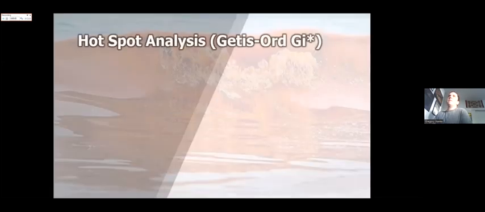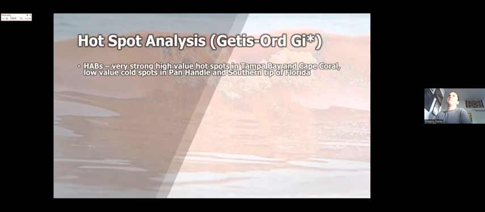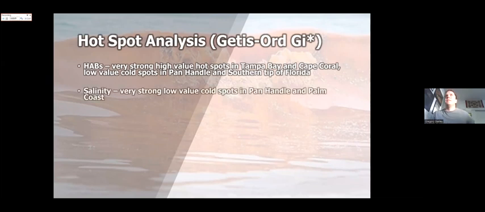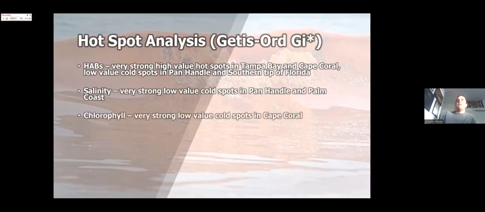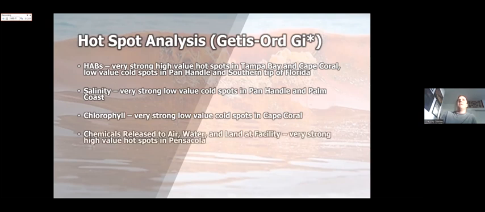So in summary, HABs for hotspot analysis had strong high-value hotspots in Tampa Bay and Cape Coral, low-value cold spots in the Panhandle and southern tip of Florida. Salinity, very strong low-value cold spots in the Panhandle and Palm Coast. Chlorophyll had a very strong low-value cold spot area in Cape Coral.